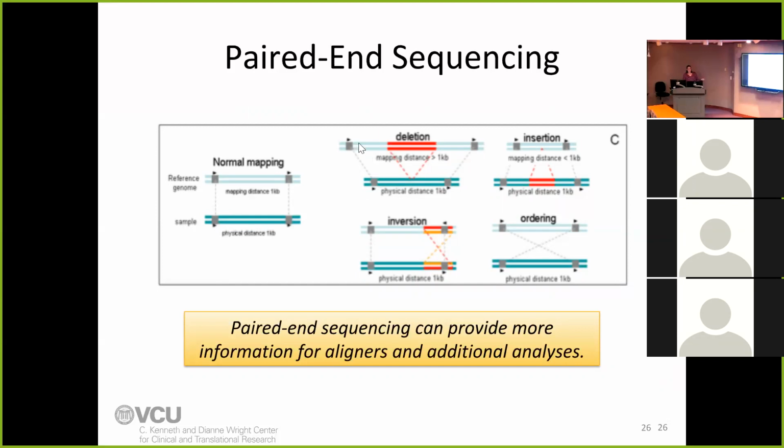But if you see more, so maybe there's 2,000 base pairs when you map it to the reference, then that might actually mean that your sample had a deletion in between those. And the opposite for the insertion. So paired ends can actually give you whether or not there's deletions or insertions in your sample. So again, paired ends give you more information. It is more expensive to run paired end sequencing.